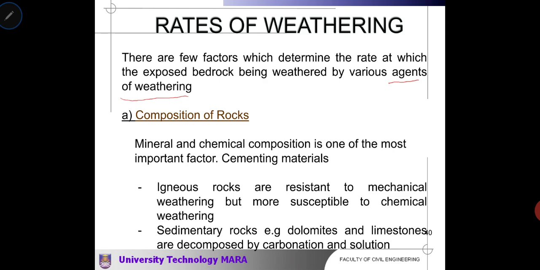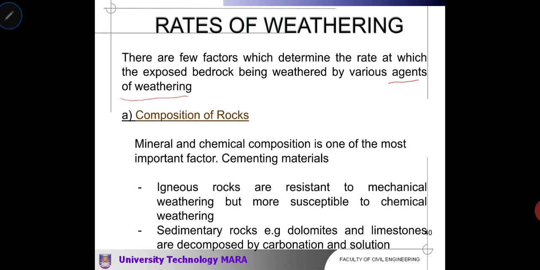When this magma solidifies, it will produce a very huge chunk of rock, and everything is cemented together. So it resists the mechanical weathering, but we can obviously see chemical weathering.